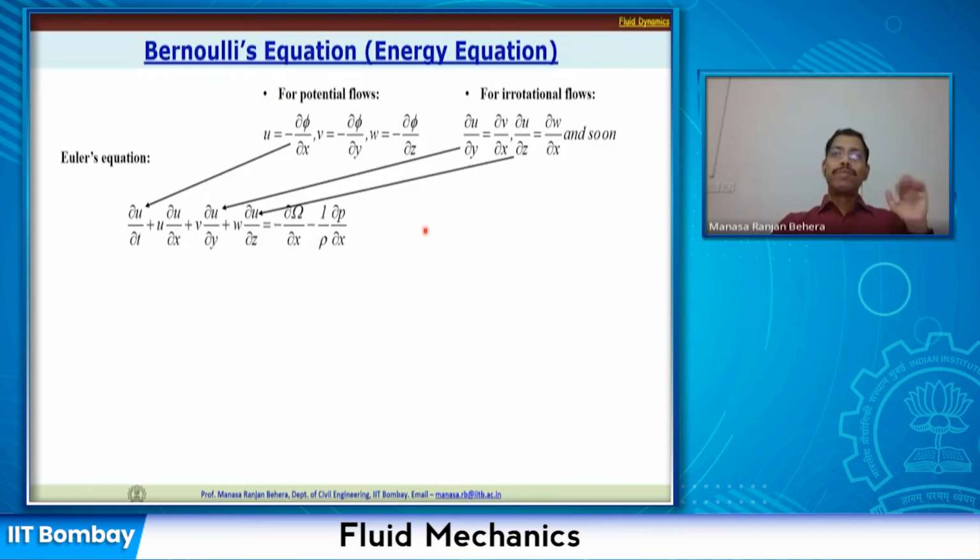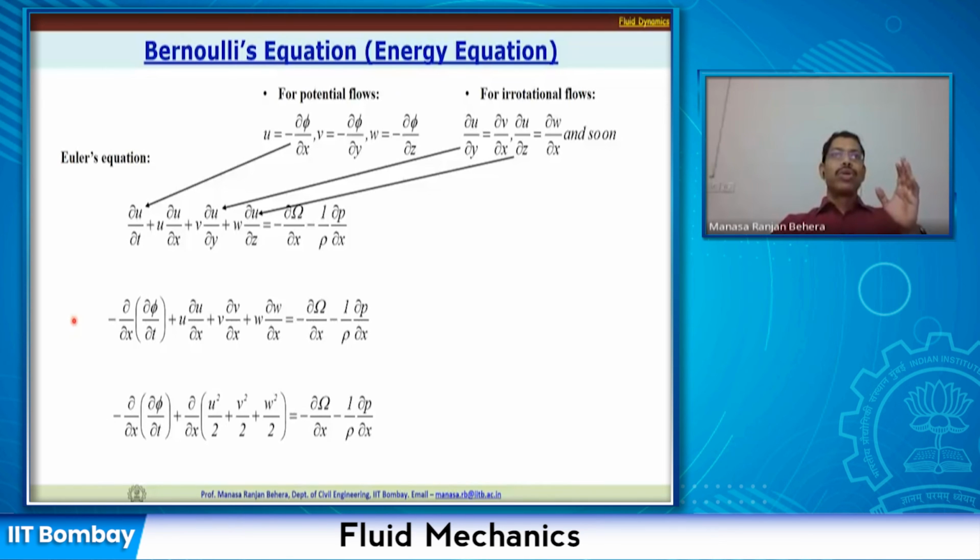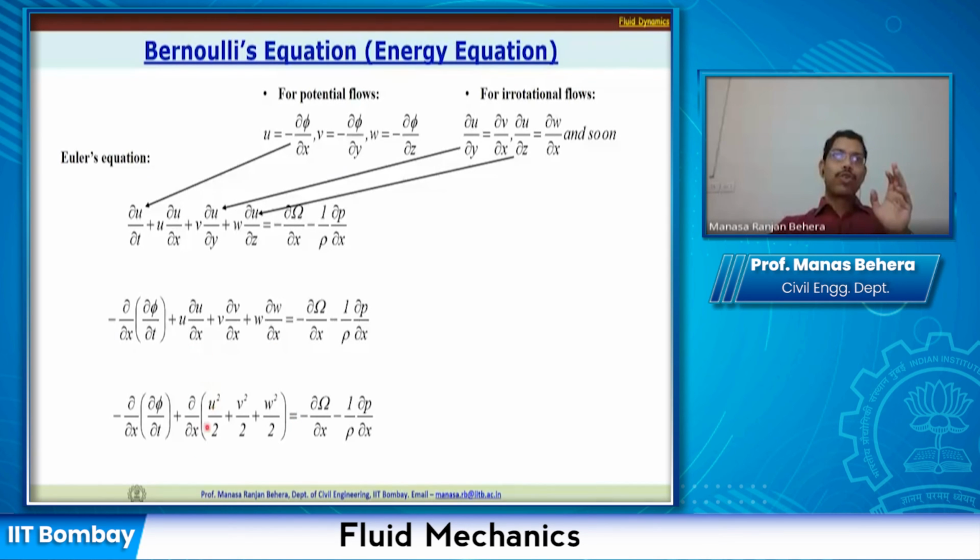So now once we have this, let me rewrite this expression. I could write down minus dou by dou x multiplied by dou phi by dou t plus u dou u by dou x plus v dou v by dou x plus w dou w by dou x, that's equal to minus dou omega by dou x minus 1 by rho dou p by dou x. Now I can integrate the whole term with respect to x. Before integrating, I have written this expression, so you can see all the other terms are the same except this u v w term, that has been written as dou by dou x of u square by 2 plus v square by 2 plus w square by 2.